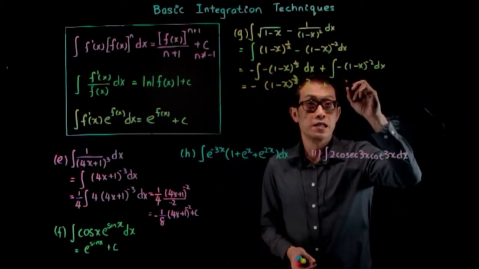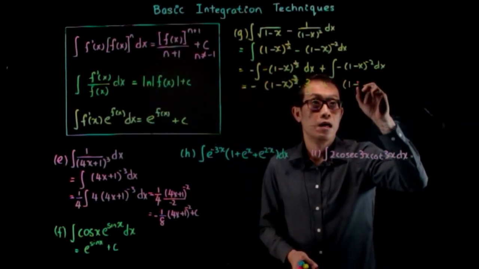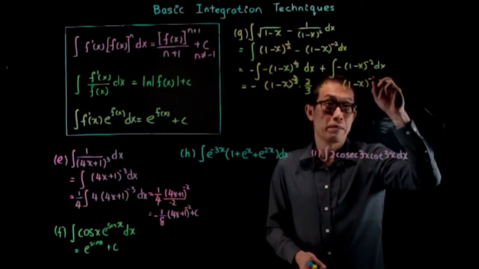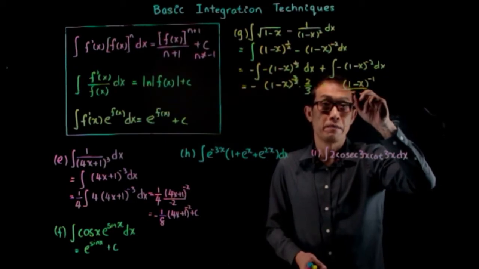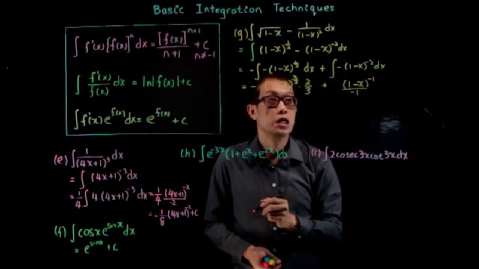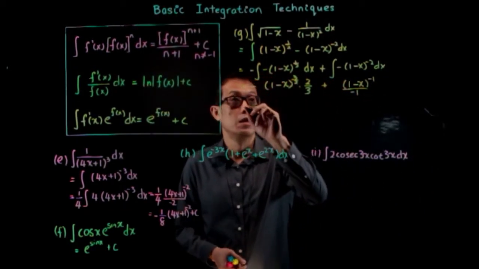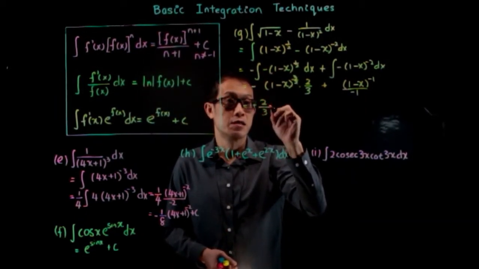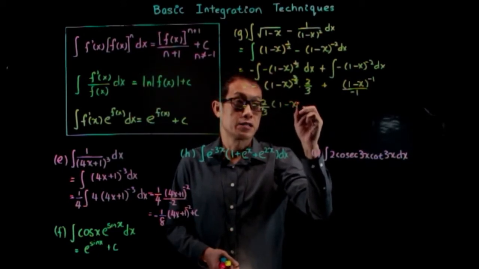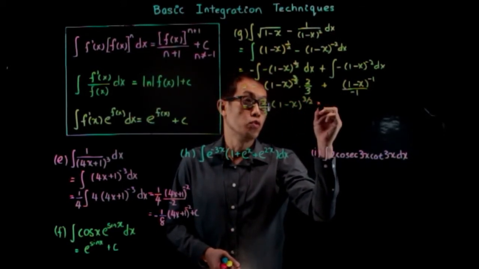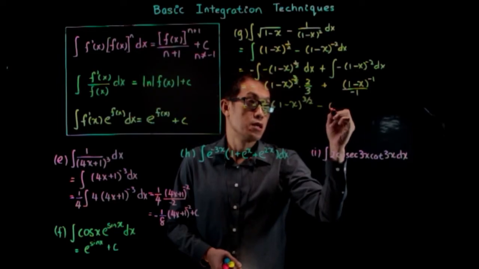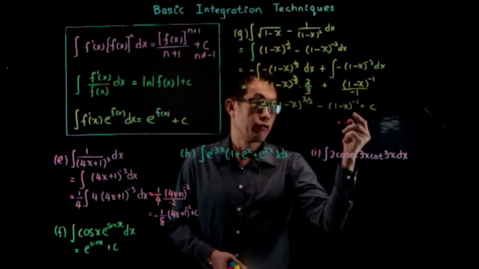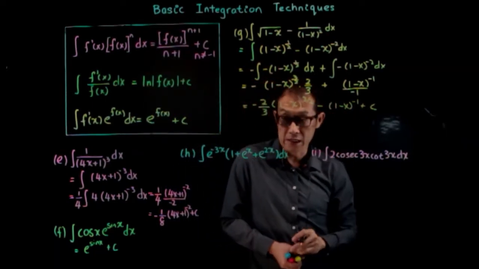Now same thing as here. Minus 2 plus 1 will get minus 1, and I have to divide by minus 1 over here. Over here I can rewrite it as this: 2/3 (1 minus x) to the power of 3 over 2 minus (1 minus x) to the power of minus 1 plus c. Of course, you can write it as 1 over 1 minus x. Okay.